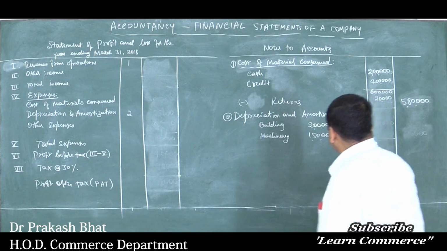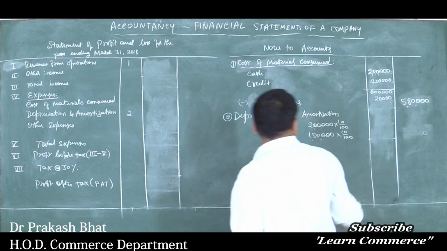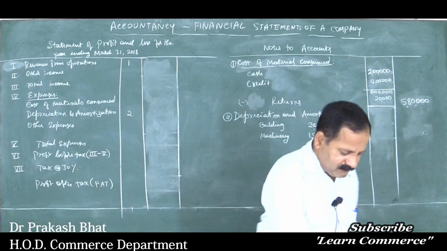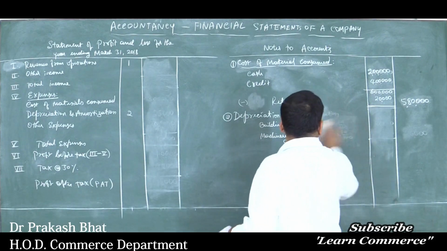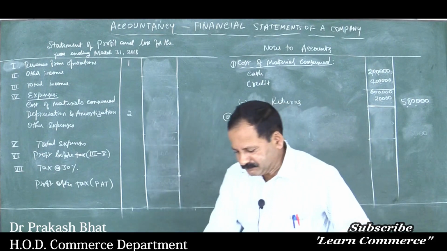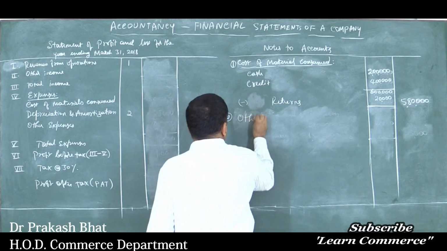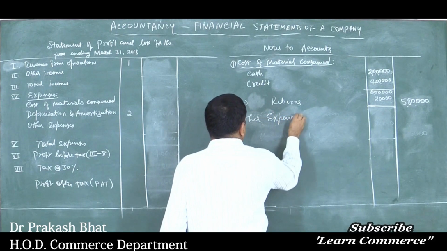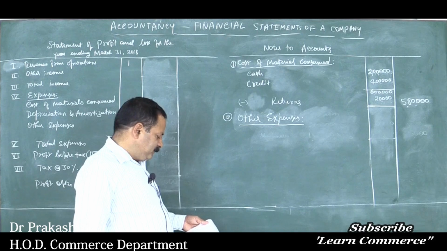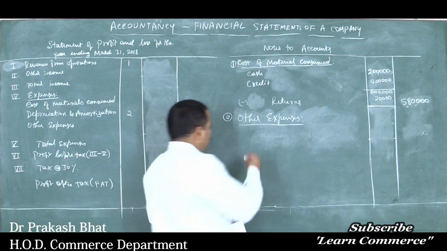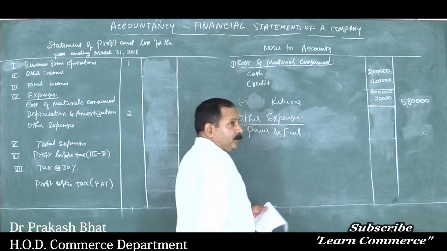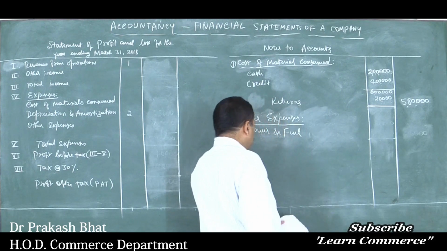Then the second one, note number 2, we have to calculate. That is other expenses. Under that, you have to write power and fuel, and stores.